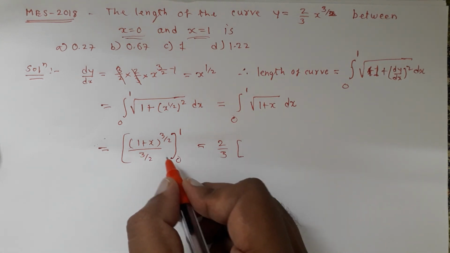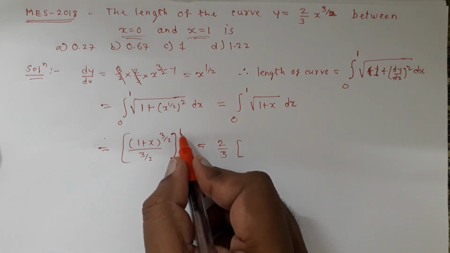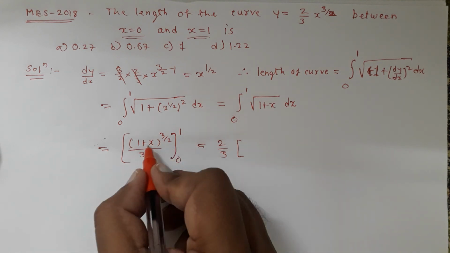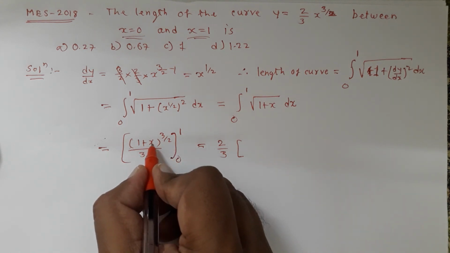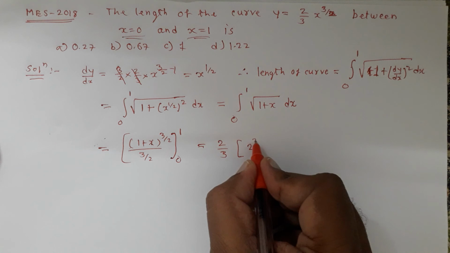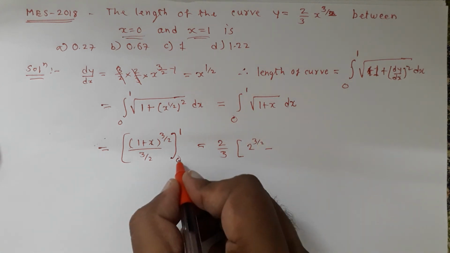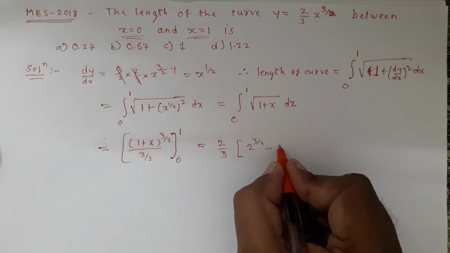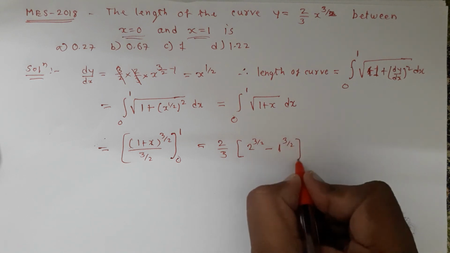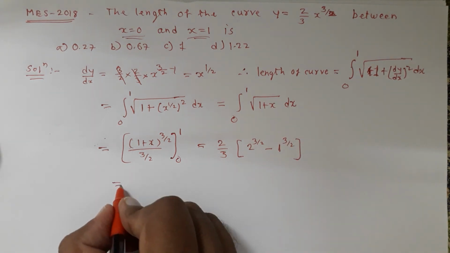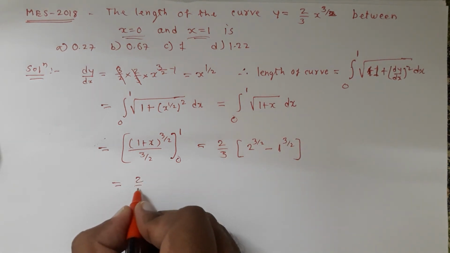Now when I use the upper limit 1, it will be 2 raised to 3 by 2 minus, when I use the lower limit, 1 raised to 3 by 2.